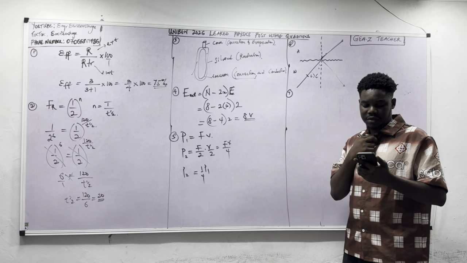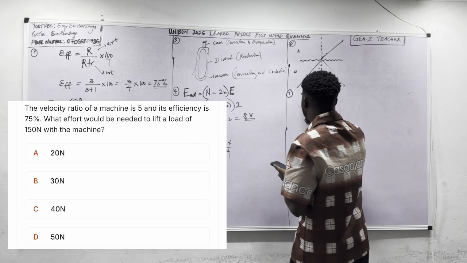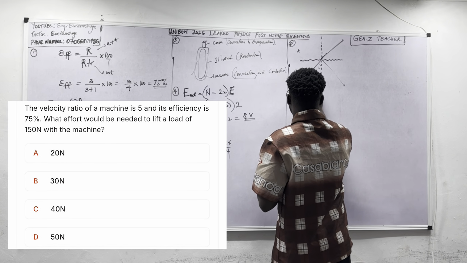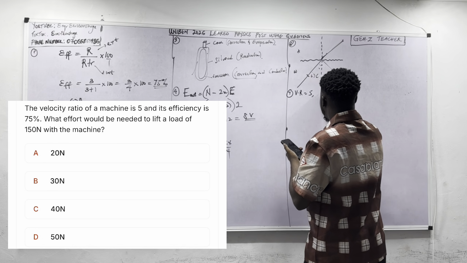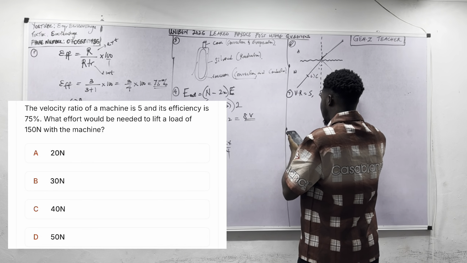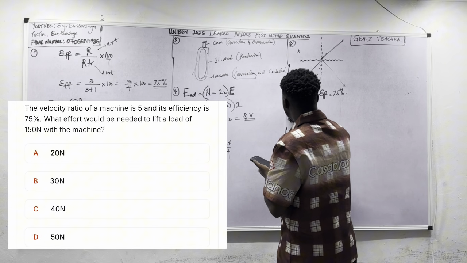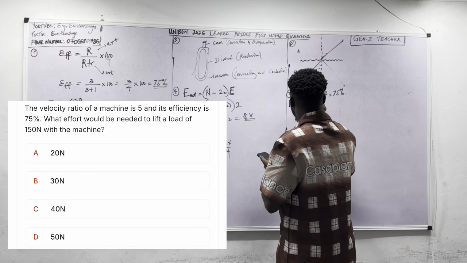Number 7 says the velocity ratio of a machine is 5. So VR equals 5 from the question, and the efficiency of the same machine is 75%. What effort would be needed to lift a load of 150 Newton?